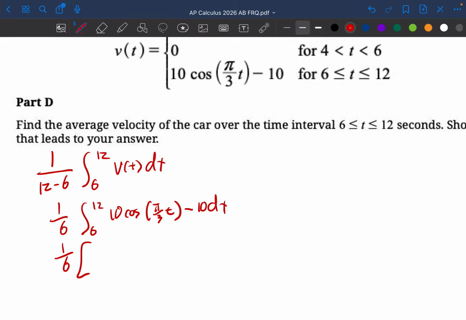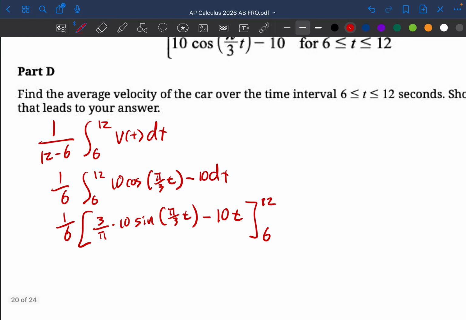So when we take our antiderivative, we're going to have 3 over pi times 10 sine pi over 3 t minus 10 t. Now here we have to plug in both 12 and 6.